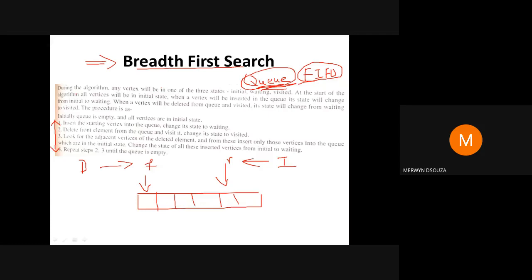When we are implementing this algorithm, the vertex will be in one of three states: initial, waiting, or visited. Initial means that before you start with the algorithm, all the vertices will be in the initial state. You can note down what I'm saying, it's also there in the slide.